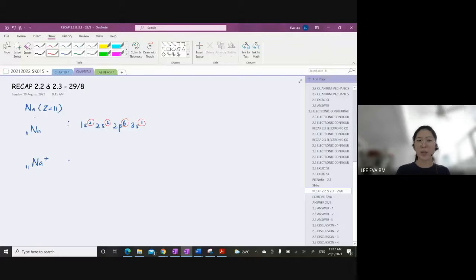So let's say over here I have 11 electron, then I have to slot in maximum number of electron for S subshell, or S orbital is 2. Maximum number for P subshell is 6, and etc. So the total number you add up together should be the same as 11. So 1s2, 2s2, 2p6, 3s1, total 11 electron.